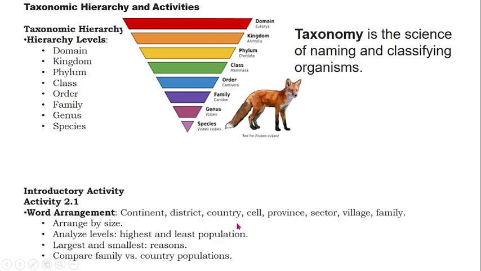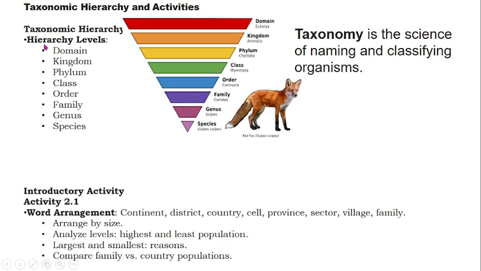In the same way of arranging this, we do what is called taxonomic hierarchical classification. The hierarchical levels are domain, like the continent, kingdom, like the country, phylum, like the province, class, order, family, genus, and species.